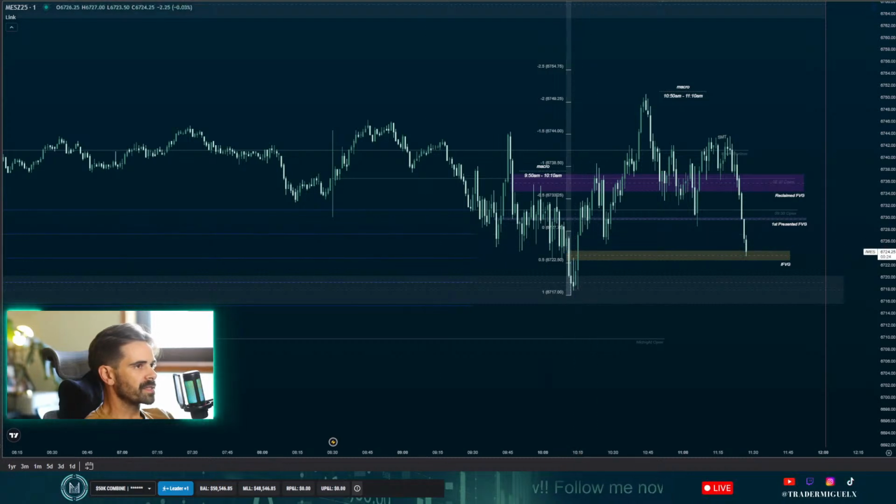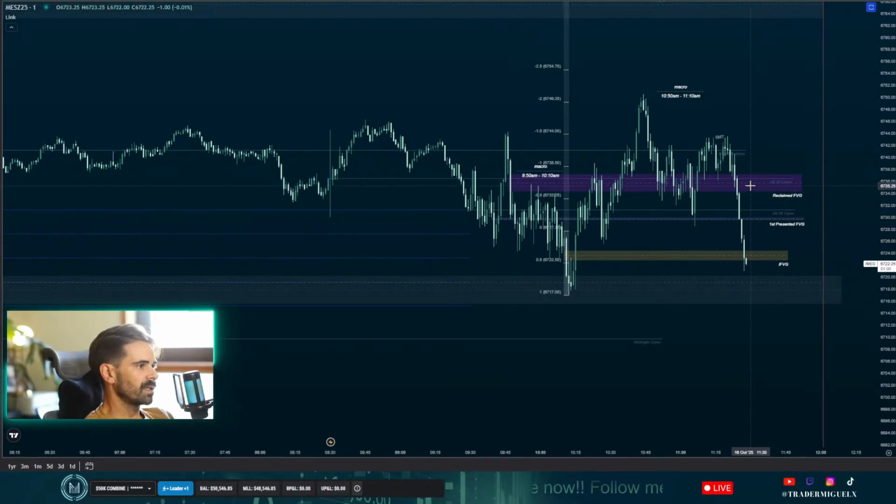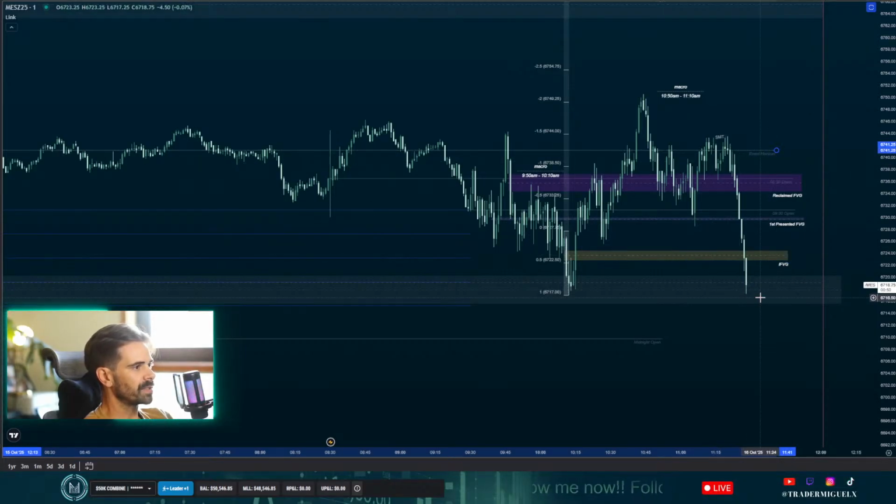If this PD array here really breaks, which is some sort of a breaker, and this fair value gap as well, we will see London lows. But as I was saying, there's no retrace here just to enter, unless you are short around here. How do you enter?